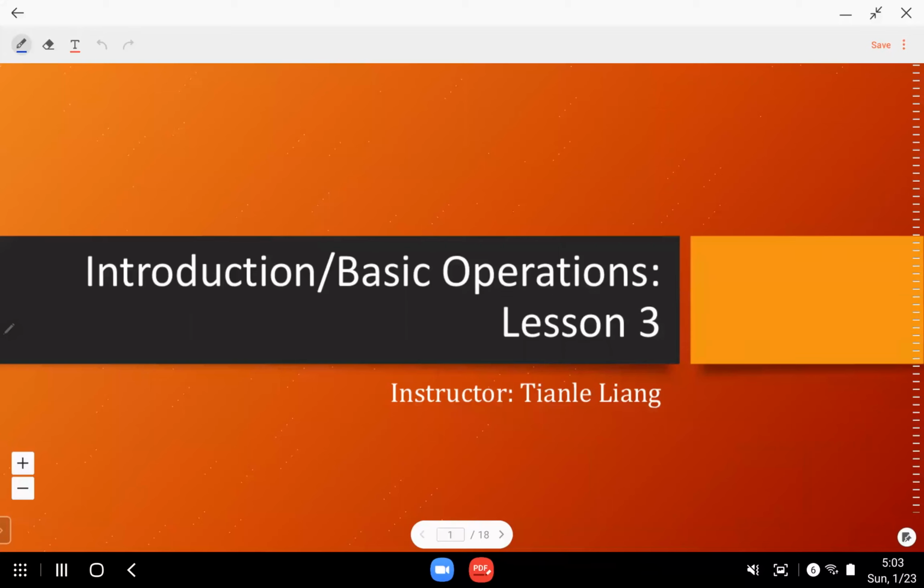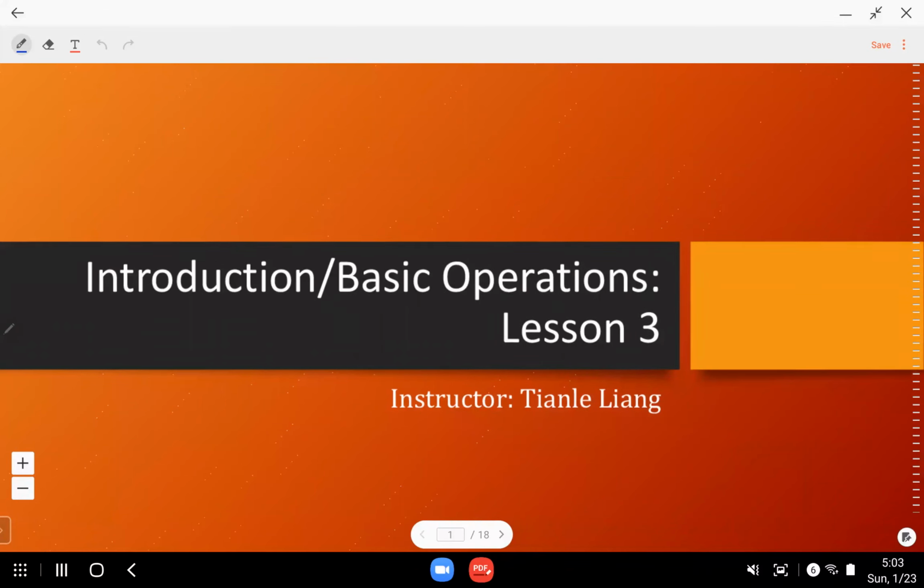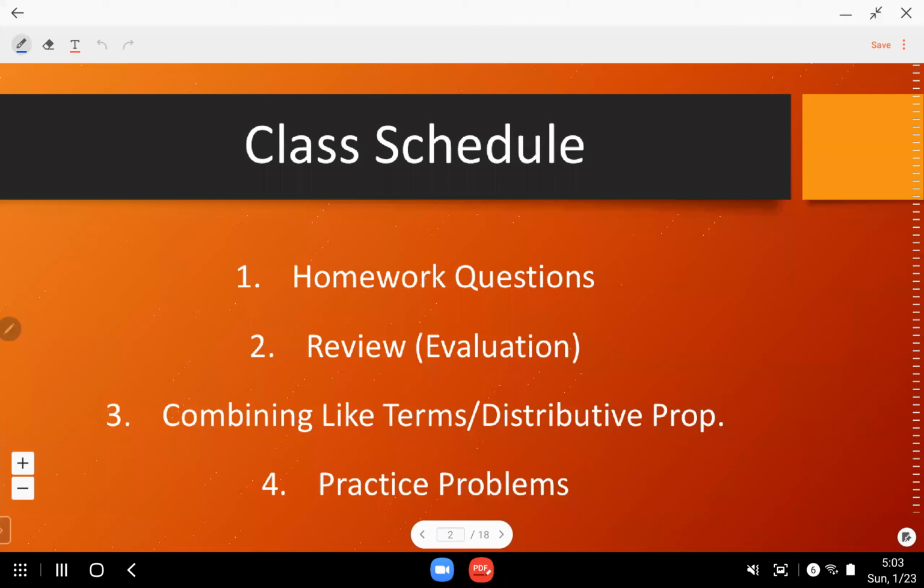So this is the third lesson of our first unit, our introduction and our basic operations. We have learned order of operations. We have learned evaluation and substitution, which we did last lesson. So for today, we're going to go over some missed homework questions from the homework that I assigned you last week.